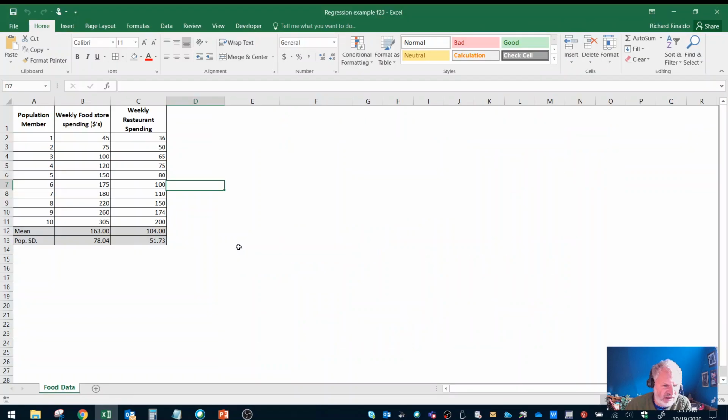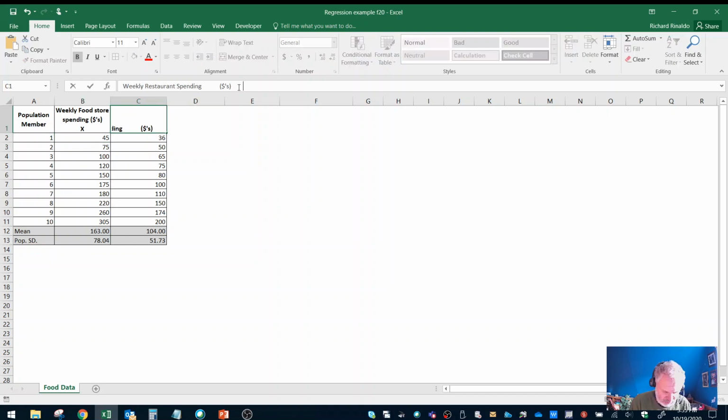Okay, so I have my means. I need the correlation coefficient, so I'm going to call food variable x, and restaurant is variable y. So there's my x and y.